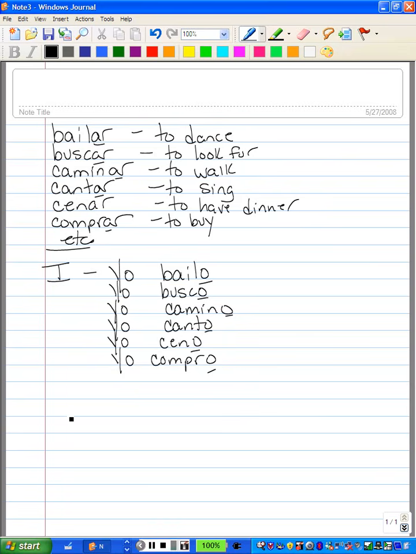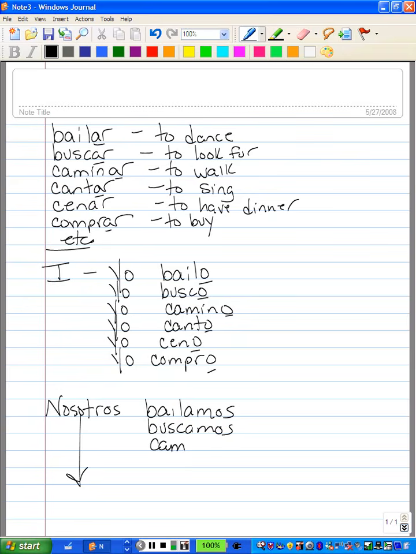The same thing if I want to take the nosotros and say we do any of these. If I want to say we do any, the we is A-M-O-S on the end, so we dance would be bailamos. We look for would be buscamos.